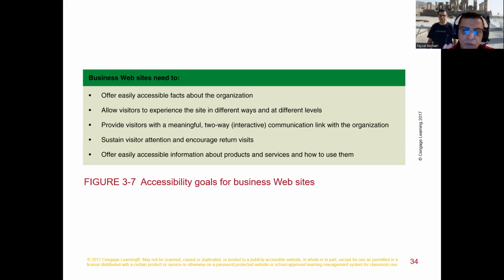Provide visitors with a meaningful two-way interactive communication link with the organization. Sustain visitors' attention and encouragement so they don't leave, and when they leave, they come back. And offer easily accessible information about products and services and how to use them.